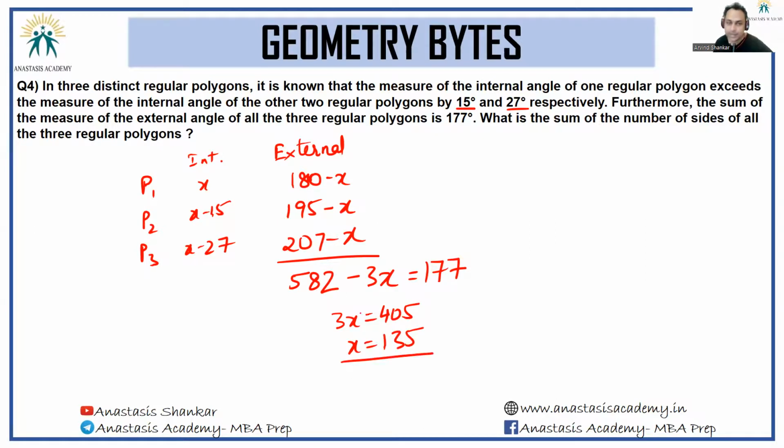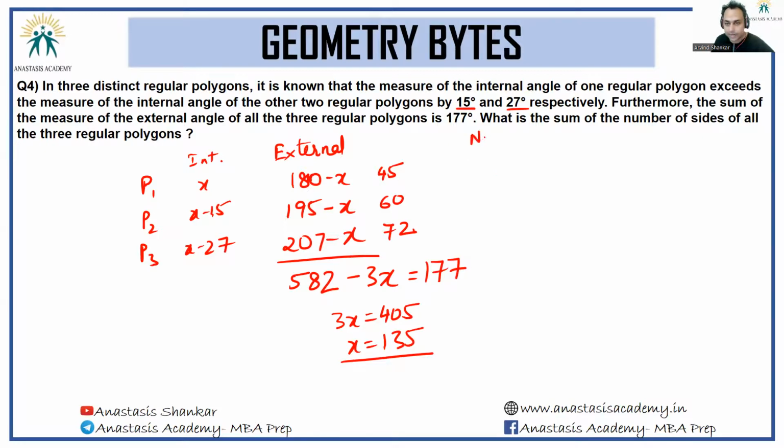Now that I have 135, I can happily go: external angle here would be 45, here would be 60, and here would be 72. Sum of external angles of any polygon is equal to 360.